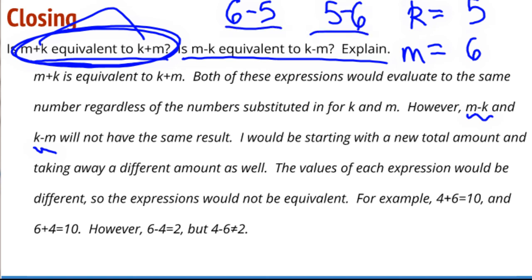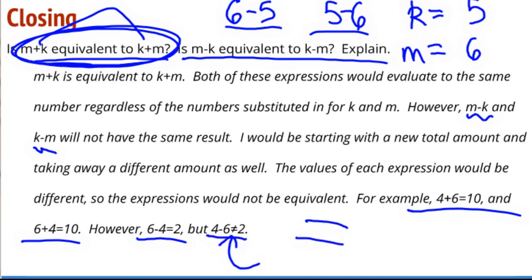The value of each expression is going to be different, so the expressions aren't going to be equivalent. And some examples here, 4 plus 6 is 10, and 6 plus 4 is 10. 6 minus 4 is 2, but 4 minus 6 does not equal 2. So no, they are not going to be equivalent.